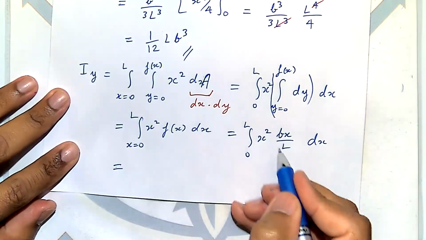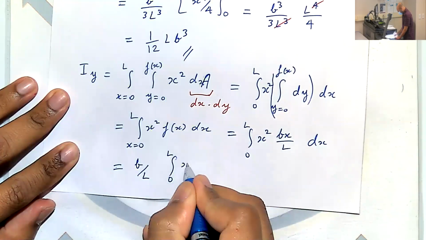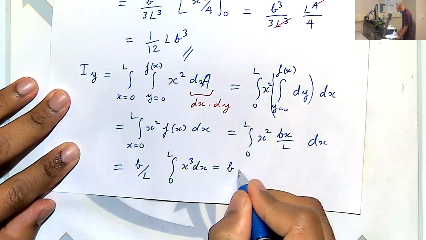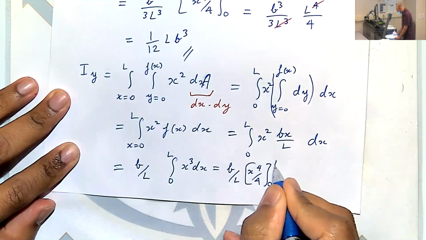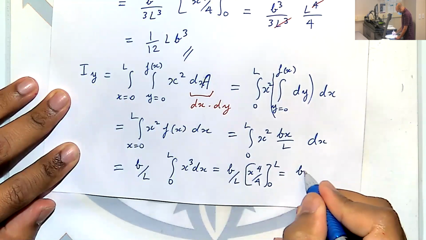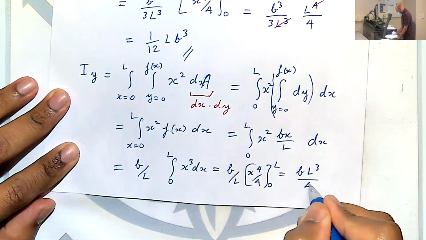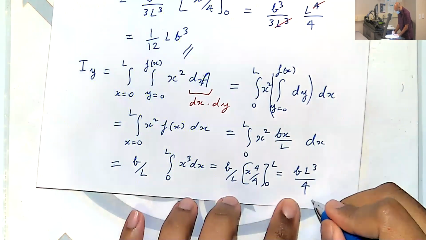So we have b and L constant, integral from 0 to L of x cubed dx, which is b over L, x to the 4 over 4. Okay, so we get bL cubed over 4. Yes, let me check. Yes, bL cubed over 4.